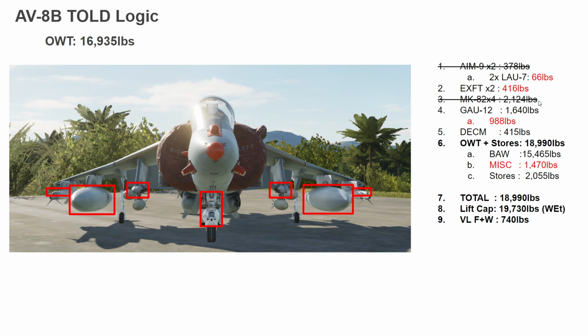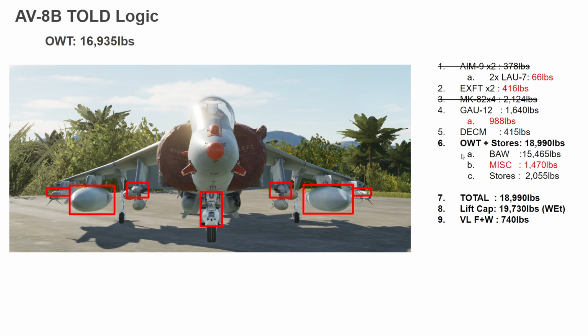It includes the 2 LAU-7s now, so this is red, signifying that it's included in the operating weight. It can see the 2 external fuel tanks. It can see the GAU-12, and it can see the ammunition in the GAU-12. It can see the DECM pod.